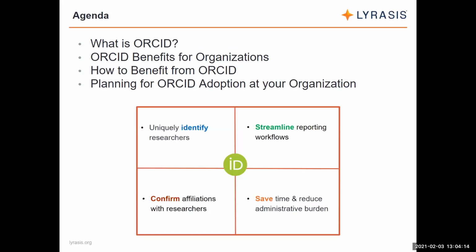So really any scenario where you're actively gathering information from researchers about the work that they're doing. Also, organizations can confirm their relationship to researchers, so it's clear which researchers are affiliated with which organizations. And ultimately, you can save time and reduce administrative burden, both institutionally and for your researchers.